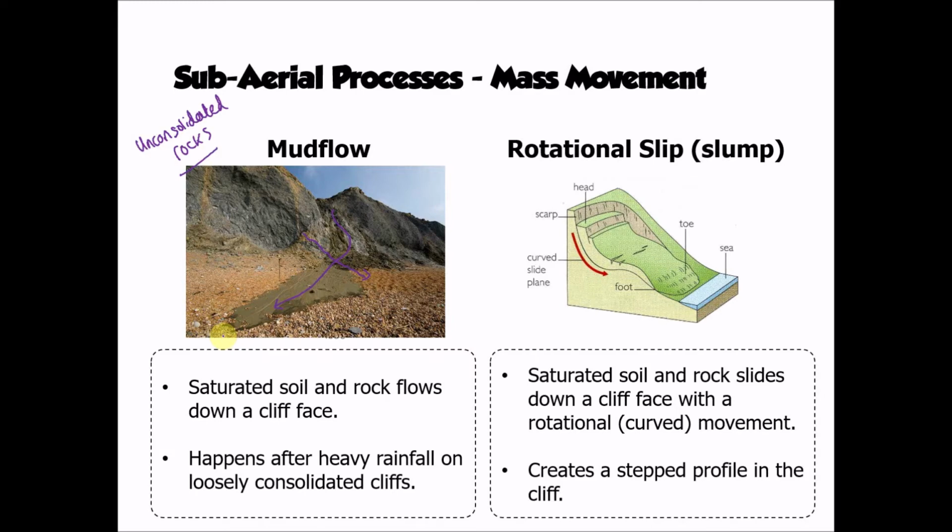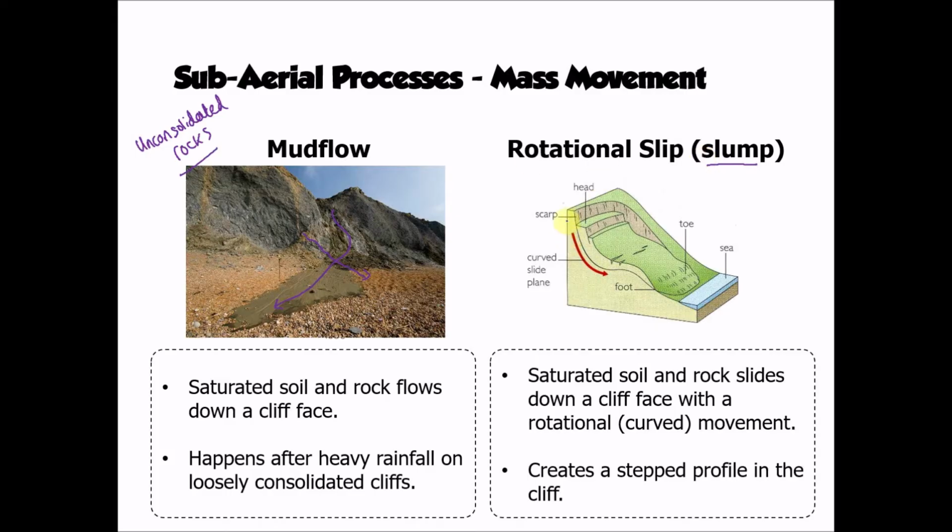Alternatively, what might happen is that the saturated soil and rock will sink down the cliff face towards the beach with a bit of a curved motion. Now we call this a slump as well as a rotational slip, and perhaps that word helps us to understand what's going on here. A slump, just like slumping into a chair, you have that kind of curved motion, don't you?